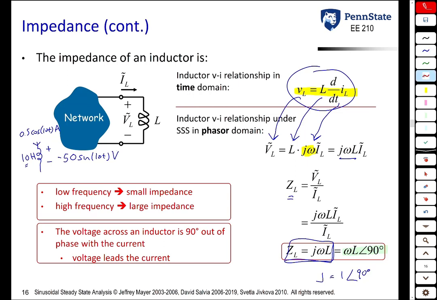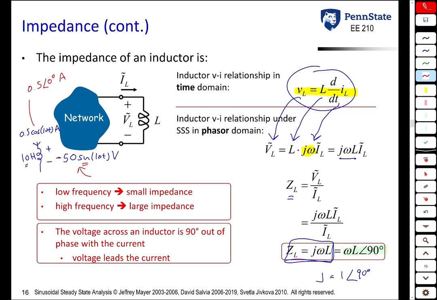If we wanted to look at this in the phasor domain, the phasor current is 0.5 at an angle of 0 degrees. The phasor voltage, we have to think here now, because we have a minus sign and it is a sine.